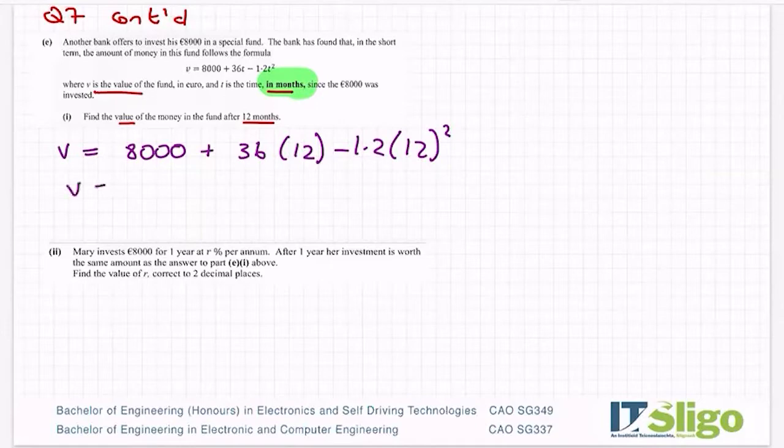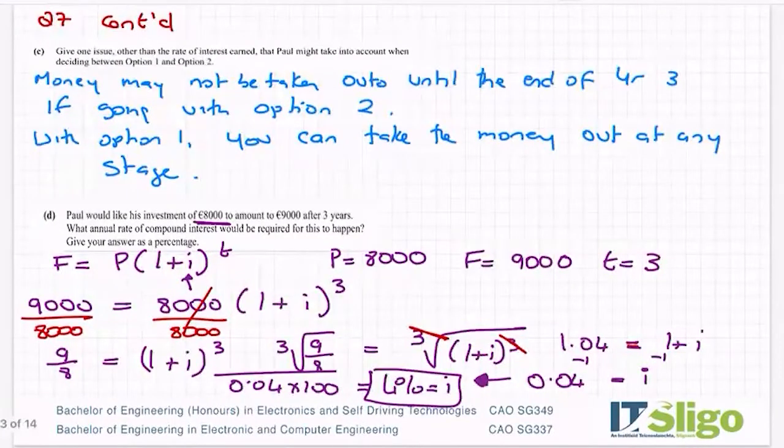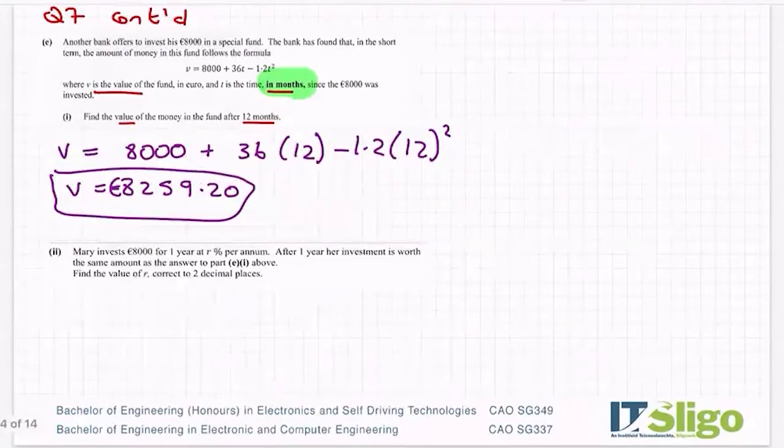And I got V being equal to 8259.20, because it's money. It's the value of the fund given that formula. So that was nice and easy. Same amount of marks for that part as there was for the last one. Okay, you just never know.